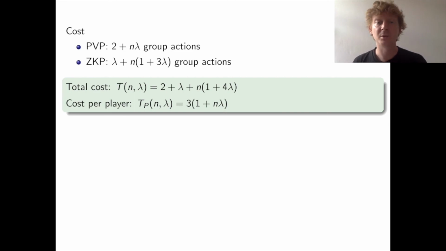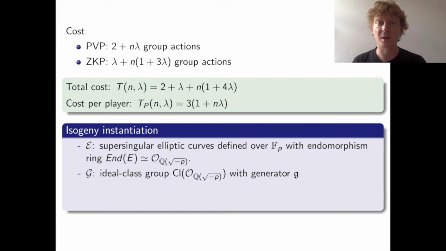To get a clearer idea of the cost, we instantiated CSI-RAShi with isogenies. So in the isogeny case, the set E is a set of supersingular elliptic curves defined over Fp, so a prime field, with an endomorphism ring isomorphic to an order in a quadratic imaginary field, while the group action on the elliptic curves is given by the ideal class group of the same order.